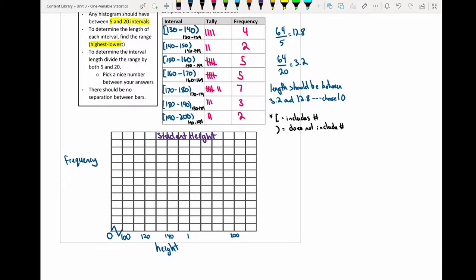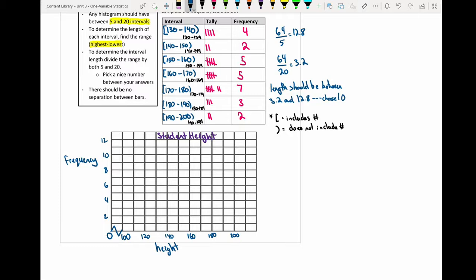That little break indicates that we are skipping everything between 0 and 100, and the reason is that, based on our intervals, we don't have any values before that. We do want to leave some space between the start and the first interval, so that's why we started at 100. Going up, each square will be 1, but I'll scale it and write in 2s just to save some room and keep it fairly neat.